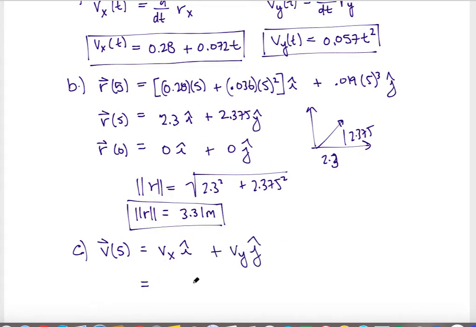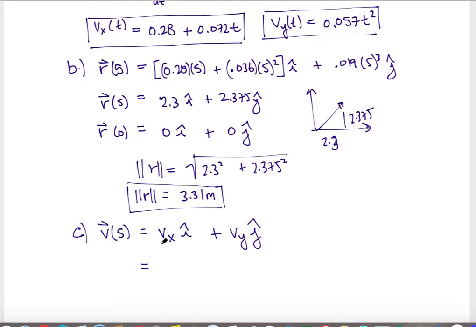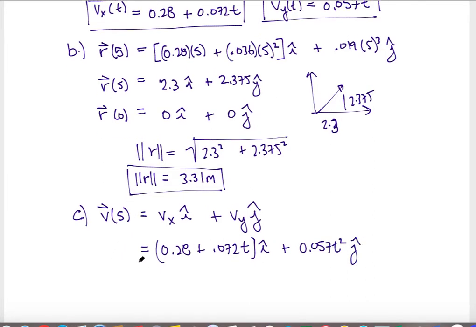Or I can rewrite this using the two velocity functions I've already found as 0.28 plus 0.072 t, times i hat, plus 0.057 t squared j hat.